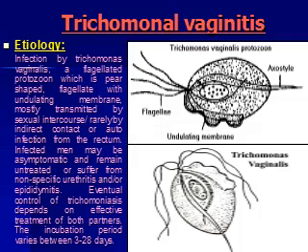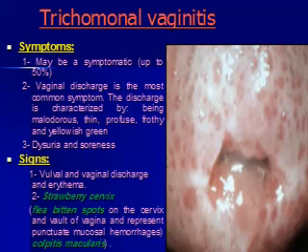Vaginal trichomoniasis is caused by Trichomonas vaginalis, a flagellated monocellular parasite. Patients with vaginal trichomoniasis may be asymptomatic in 50% of cases. Other symptomatic cases will complain of vaginal discharge together with dysuria and soreness.